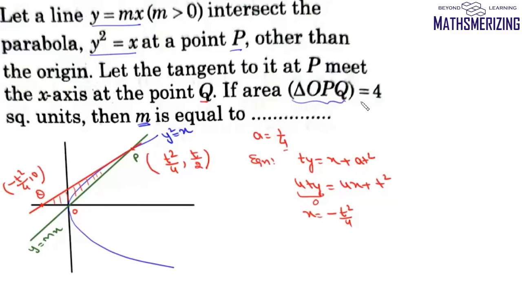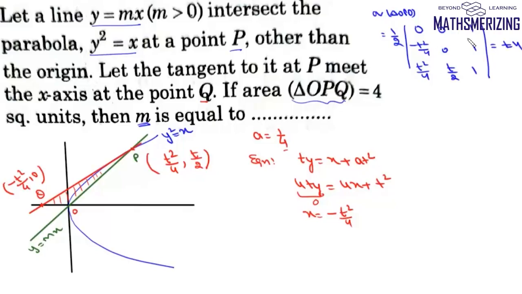Now it says area of this triangle is simply 4. So we can write this area as this determinant 1 by 2 and then 0, 0, 1; minus t square by 4, 0 and then 1; t square by 4, t by 2 and 1, and this area it should be plus or minus 4.